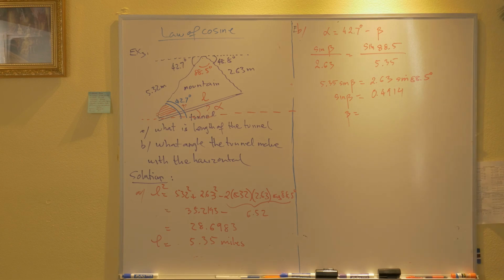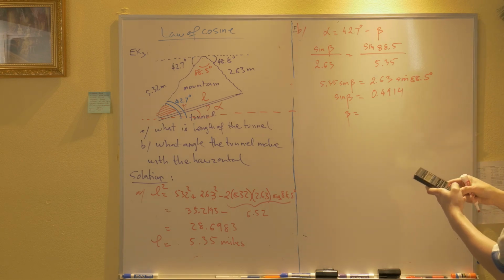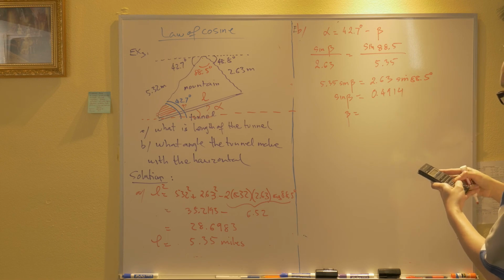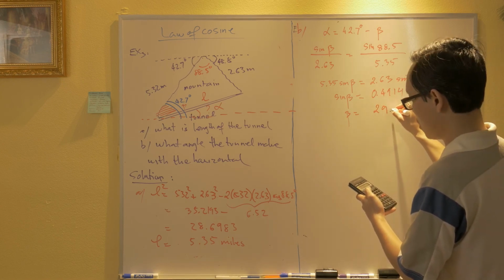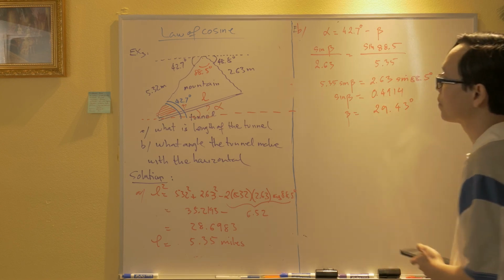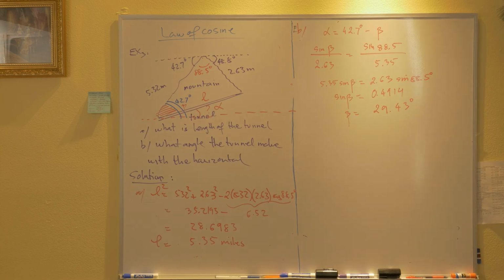This beta over here is an acute angle, so taking the inverse sine gives you 29.43 degrees.